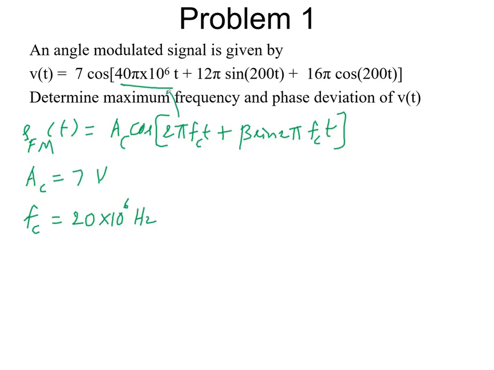Here there is one sine and one cosine. Anyway, it is of a form where you have beta 1 fm1t and some other term like beta 2, some sine or cos, whatever it may be, 2 pi fm2t.